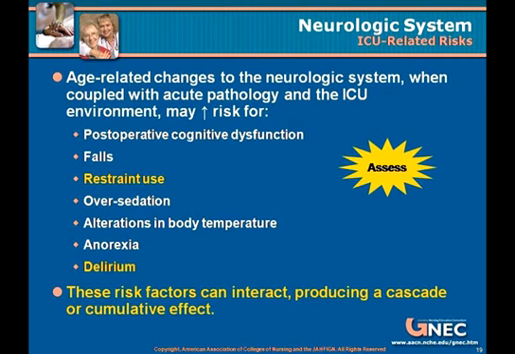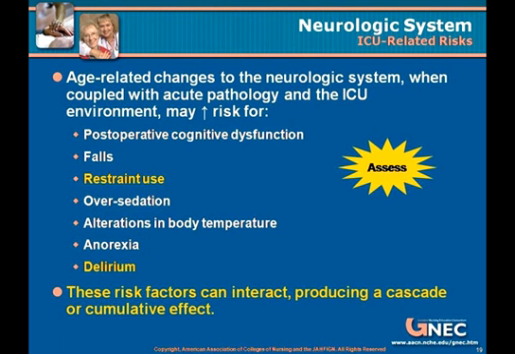Patients who are older are at greater risk for falls and for physical restraint use. In other words, the response often to an altered mental state during hospitalization is a protective kind of response that involves the use of physical restraints.